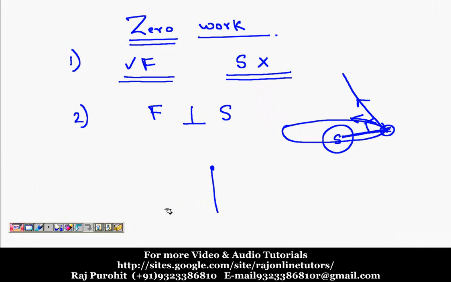Suppose this is the position of your hand where the string is there and the stone is moving like this. At any instant if you leave the string, the stone will go this way.